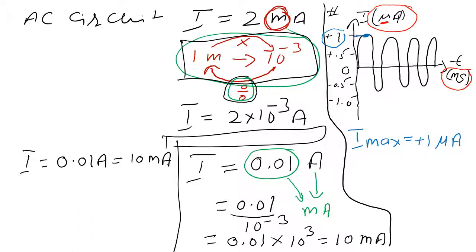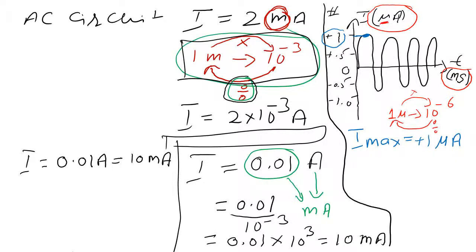So here you can change this. We know the relation: 1 micro is equal to 10 to the power minus 6. Now you are changing from micro to the base unit, so you have to multiply. If you have the number and you are going to change to micro, then you divide.